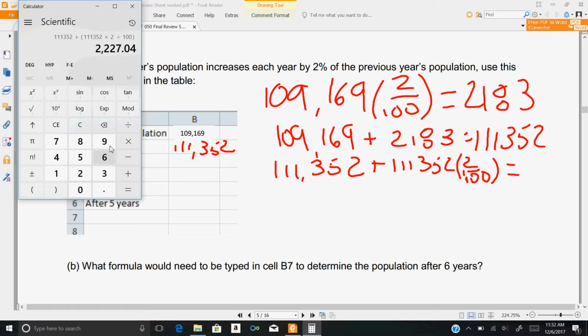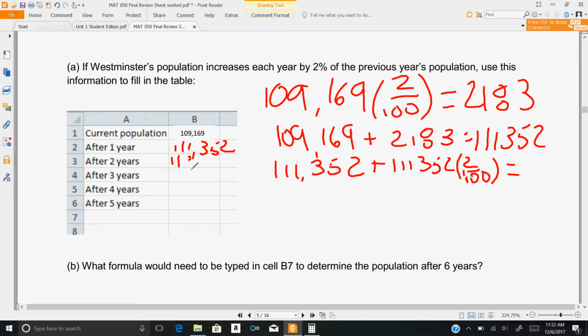I'll close the parentheses. That gives me 2,227. And that's what I'm going to add instead of the 2,183. I don't add the same thing every time. So I add that and I get 113,579. So that's what I'm going to take for my next year.